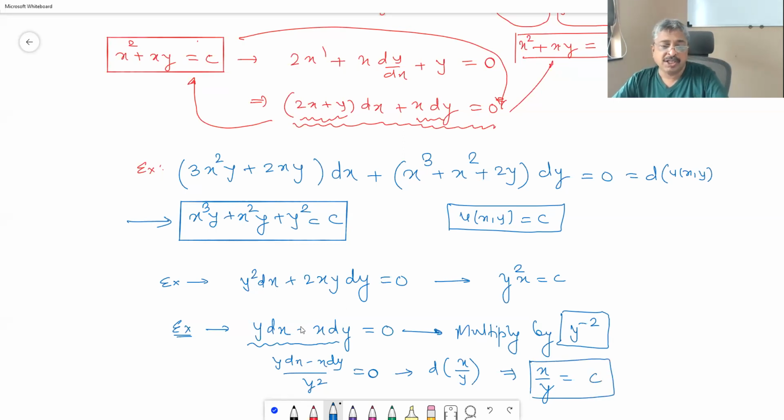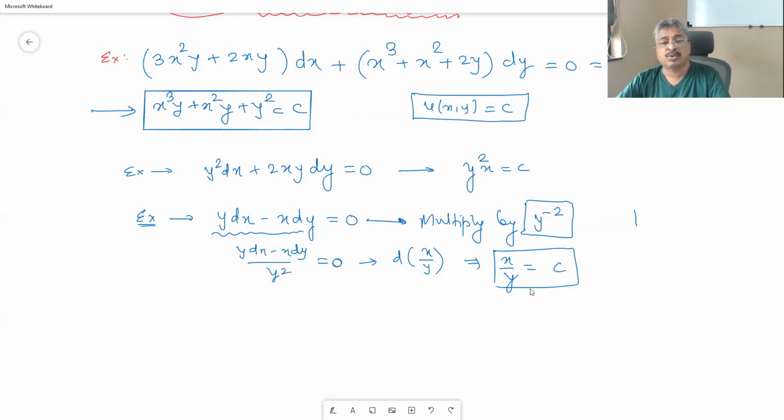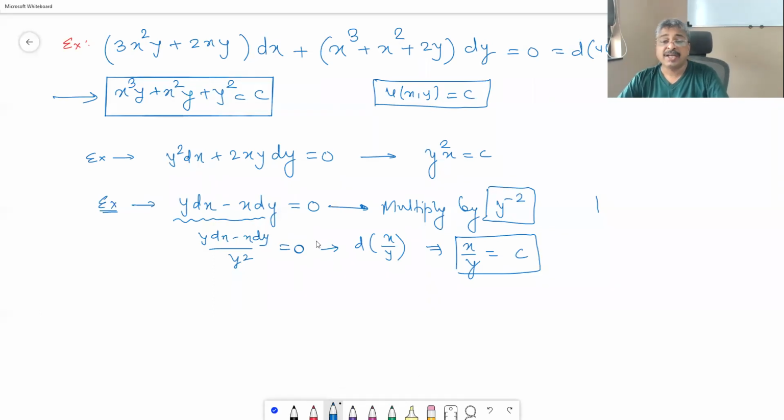Okay, so originally it is not exact. I multiplied it by some algebraic term and converted it into exact, and hence I could solve it. Because this was easy, you could get the solution exactly like this otherwise also. But this is a very important method of solving a differential equation. The multiplier that we use to make it exact is called the integrating factor.